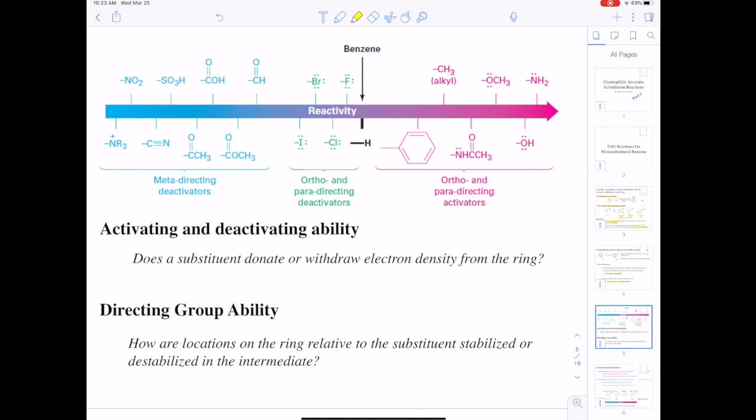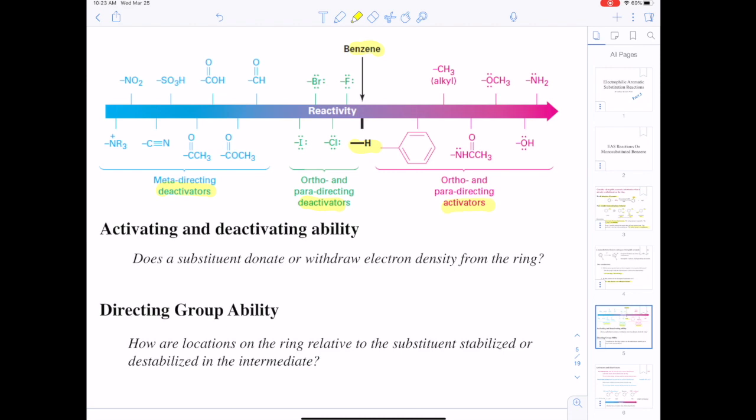And we see here in this diagram that relative to benzene, we have activators and we have deactivators. The deactivators have reactivity that is slower than benzene. Activators have reactivity that is faster than benzene.